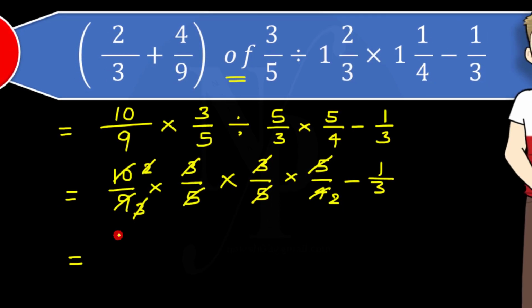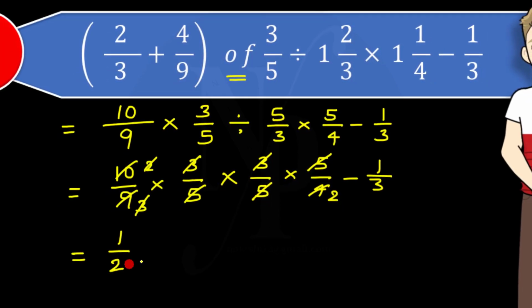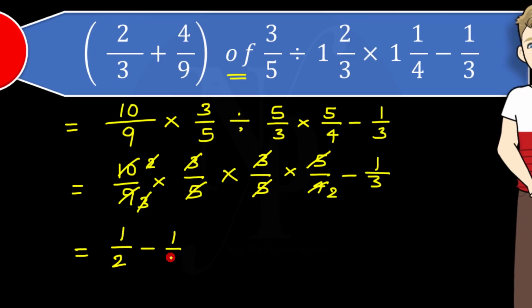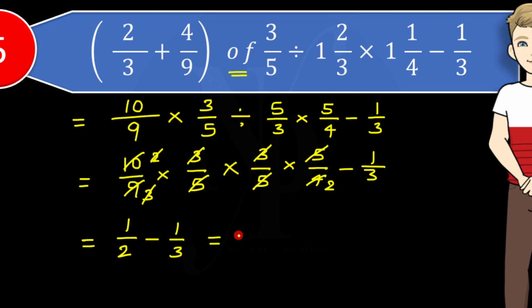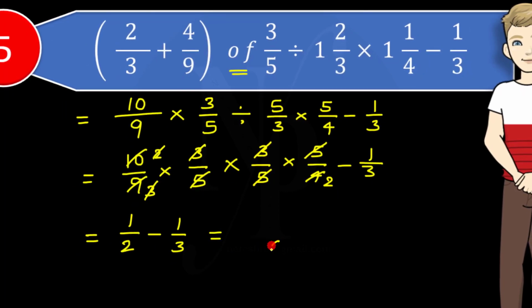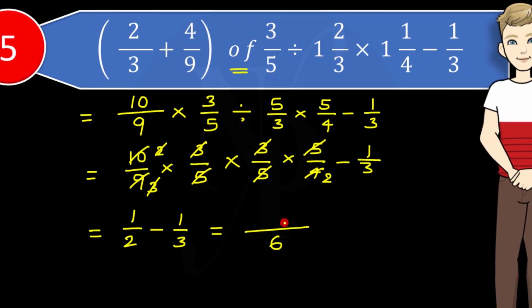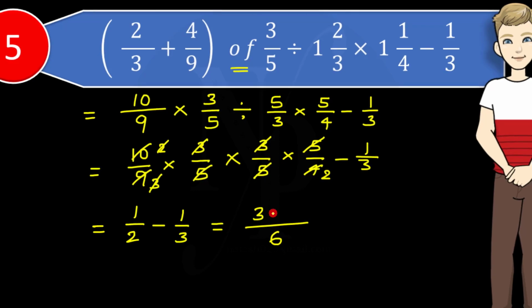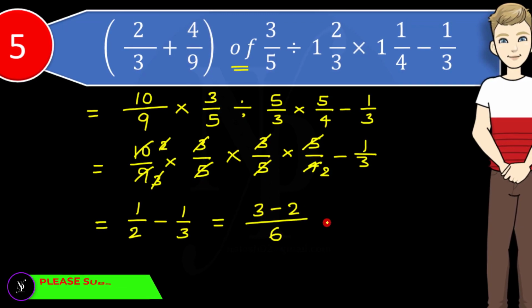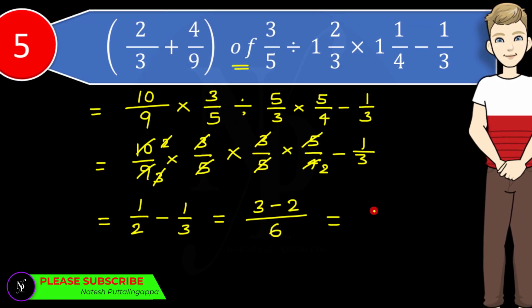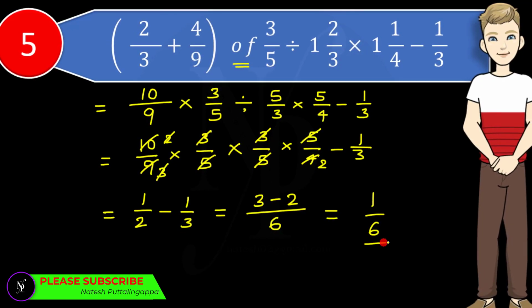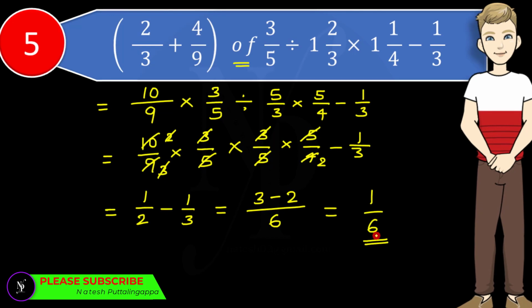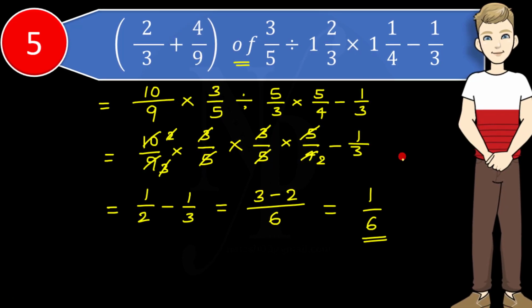Therefore we get 1 by 2 minus 1 by 3. LCM of 2 and 3 will be 6. So here we get 3 minus 2 in numerator. Therefore 3 minus 2 is 1. We get 1 by 6 as the simplified form of the given expression.